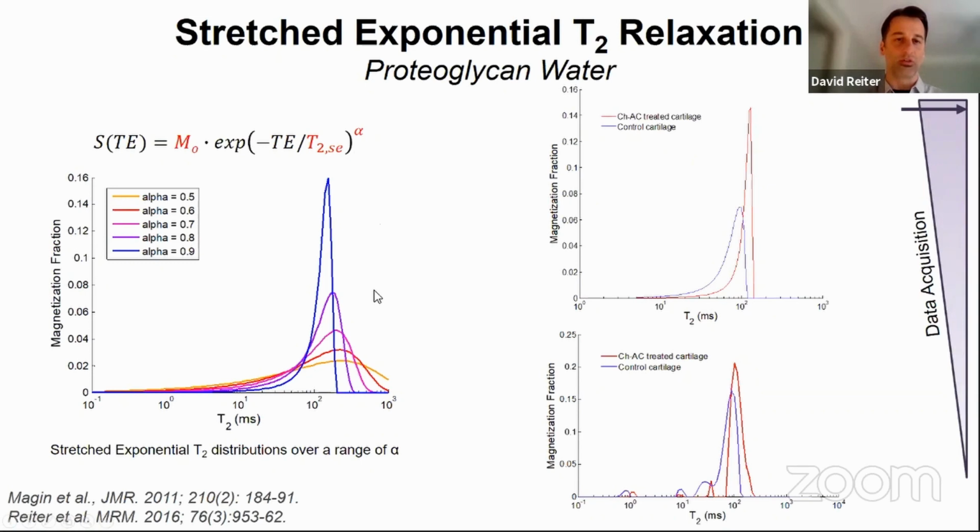like the stretched exponential, which can be thought of as a distribution of relaxation times. This is the inverse Laplace transform of the stretched exponential.